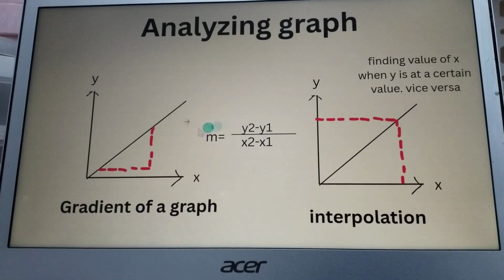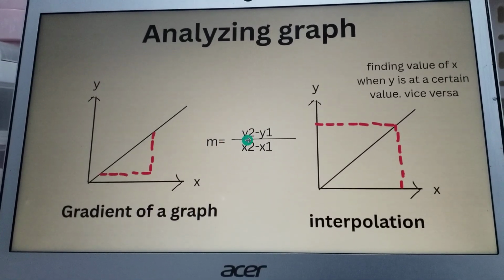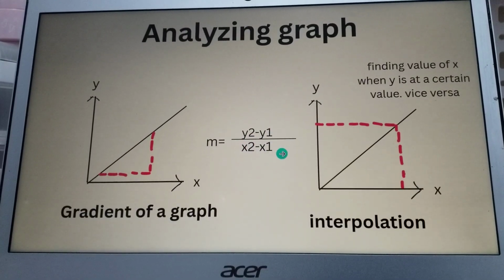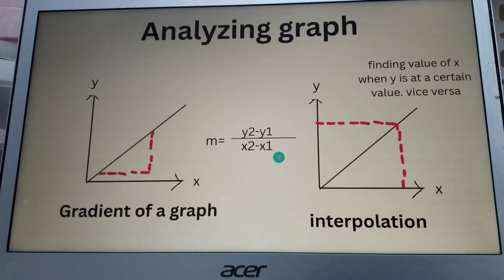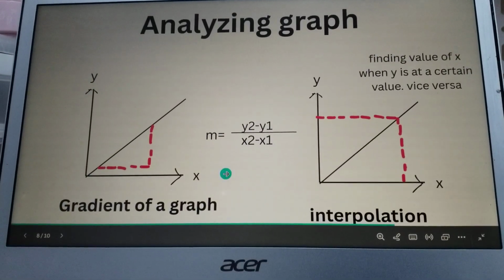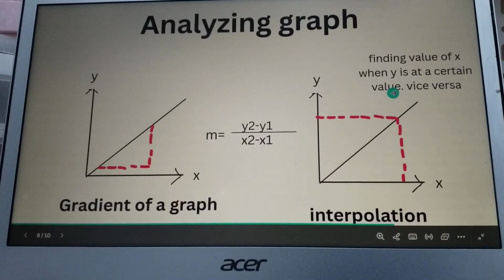And then to find the gradient of the graph, the formula is m equals y2 minus y1 over x2 minus x1. Okay, this one I don't need to really explain that much because we already learned this in Maths Form 2.